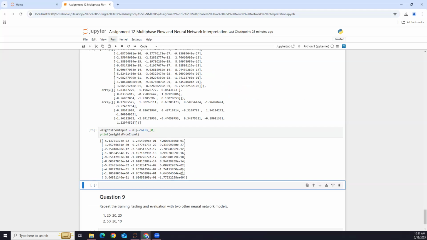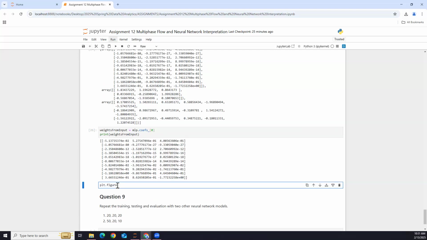So I'm probably going to just use figure size, maybe about 10 by 9.